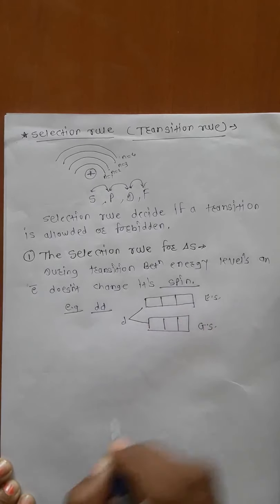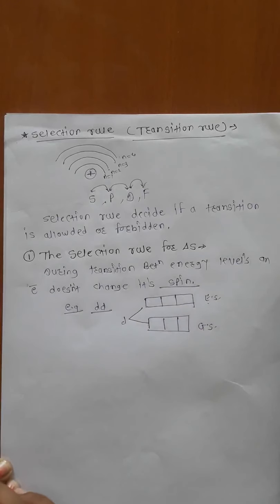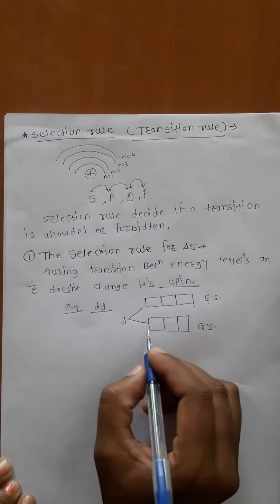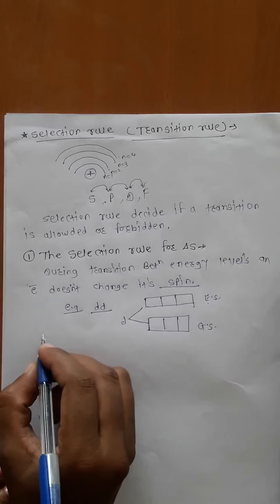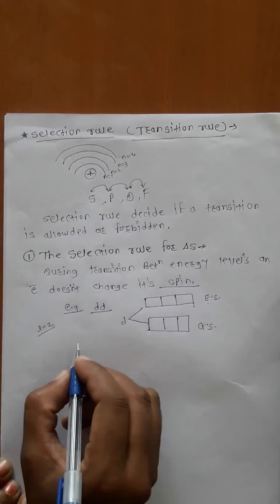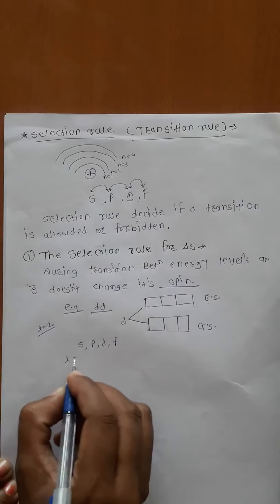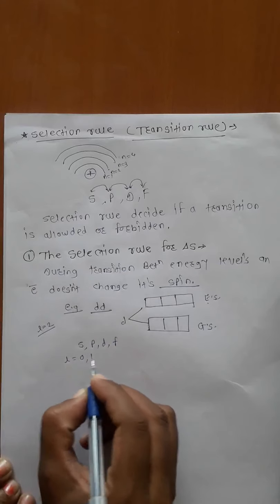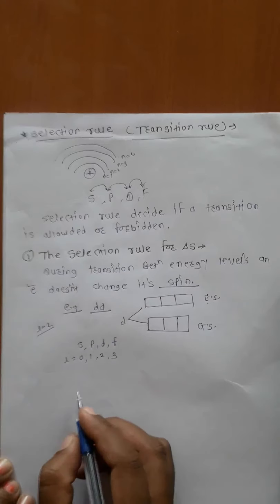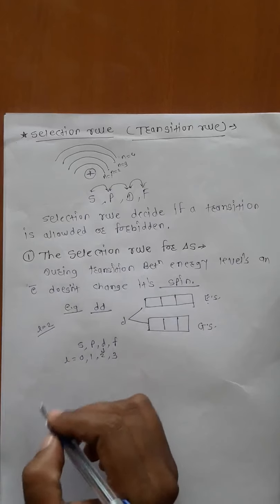In a D state, L is equal to 2. According to orbital angular momentum, for S, P, D or F, the value of L is equal to 0, 1, 2 and 3. So D represents L is equal to 2.